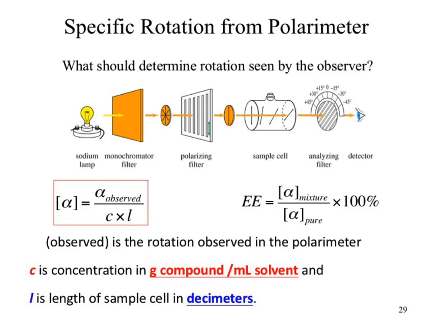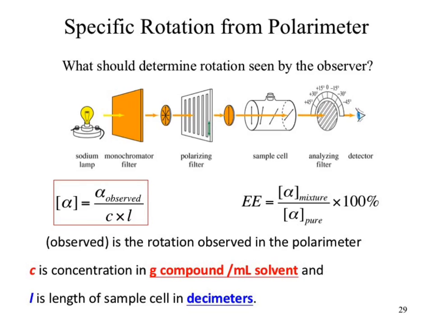Concentration is measured in grams per milliliter. Why? Moles per milliliter was taken. Length is usually in decimeters. Why? I don't know. That's how it was done. Once it's been done, we have to deal with it.